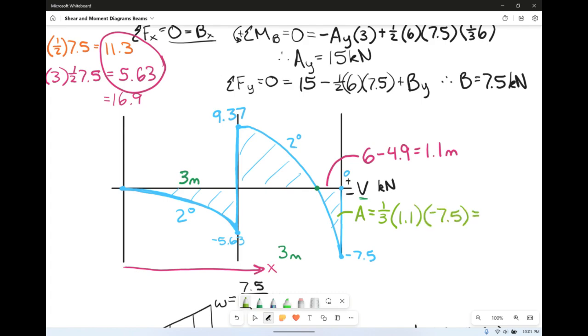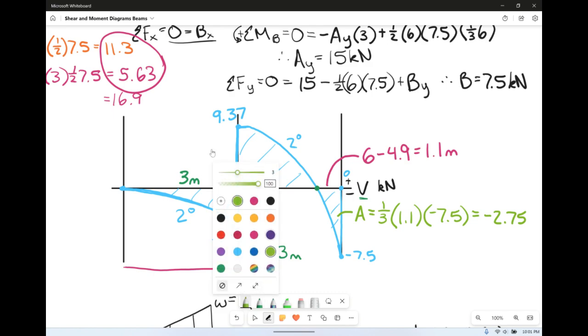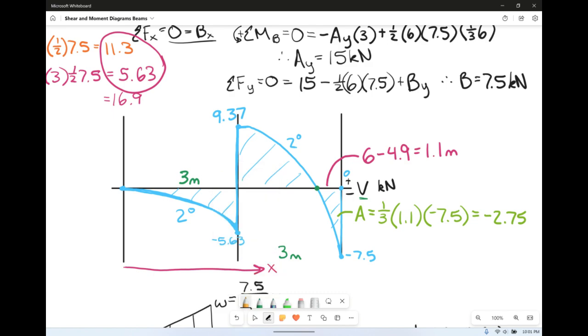So my area here is going to equal negative 2.75. Then again, I'll find the area of this other section, which is the same shape, just the skinnier part on the other side. So again, this is 1/3 the base of 3, times the height of negative 5.63. All the 3's cancel, and we get negative 5.63 for the area.